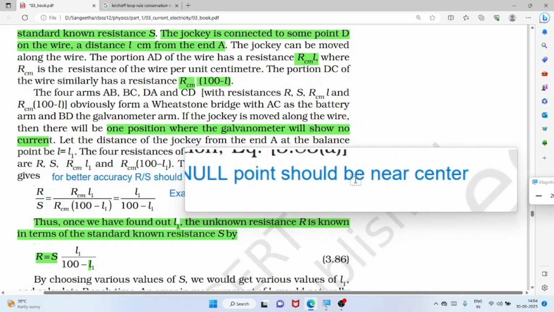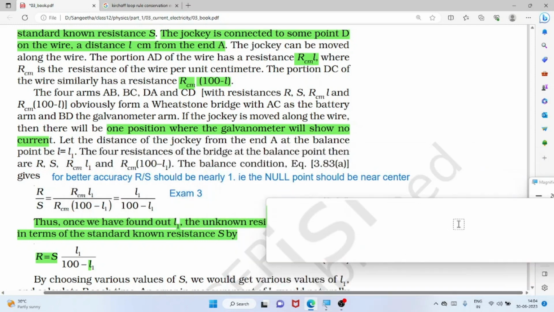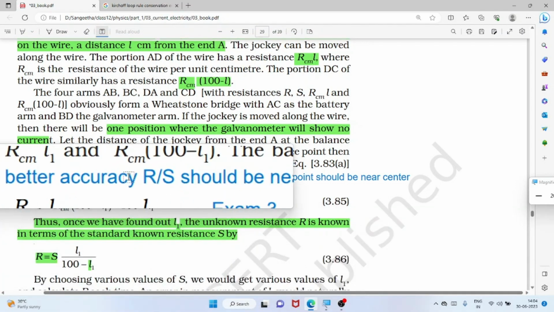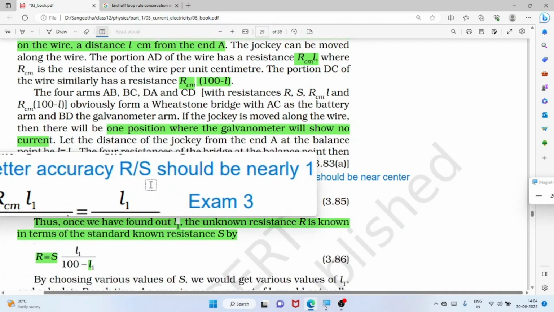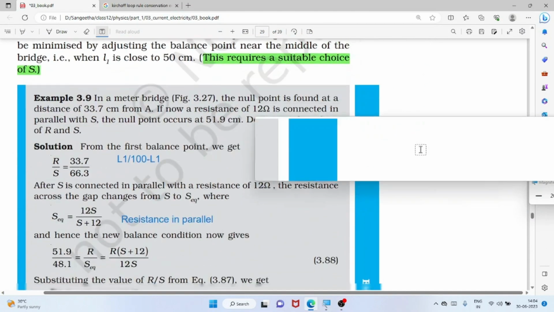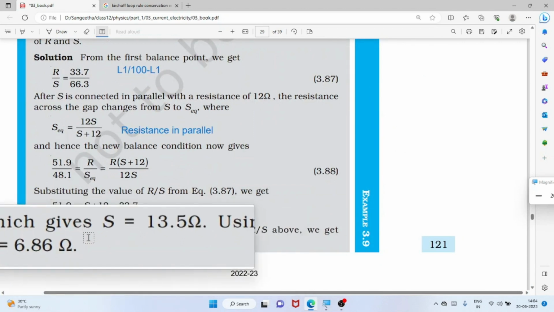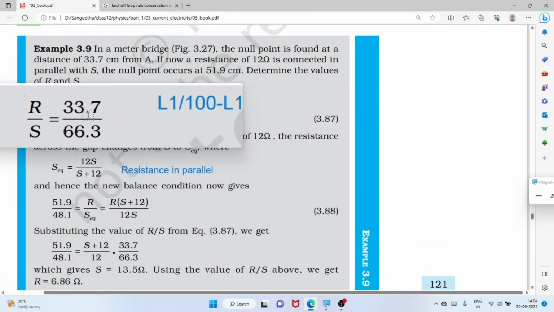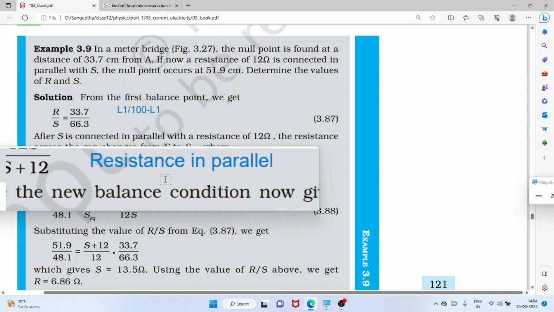That is, the null point should be near the center of the meter scale, around 50 centimeter. So you have to choose the resistance accordingly. R by S equals L1 by 100 minus L1.